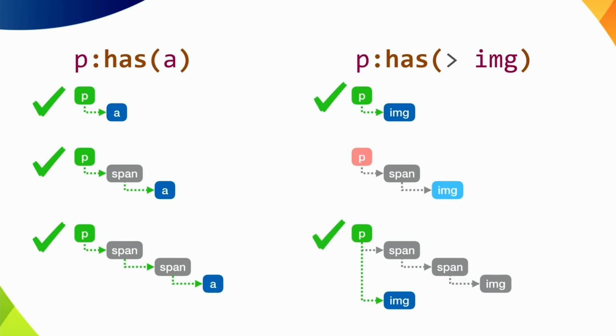But the second paragraph is not matched because the only image that descends from the paragraph is not a child of the paragraph. That span gets in the way and prevents the match. With me so far? Because we got a lot more to go. And it gets real Baroque real fast.